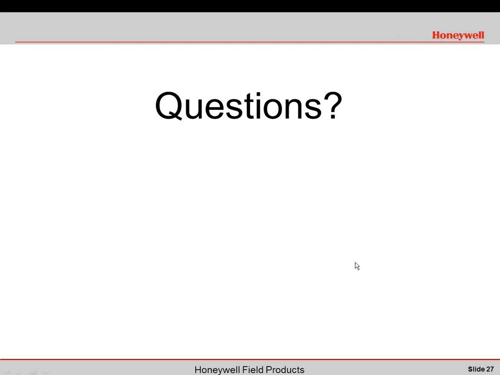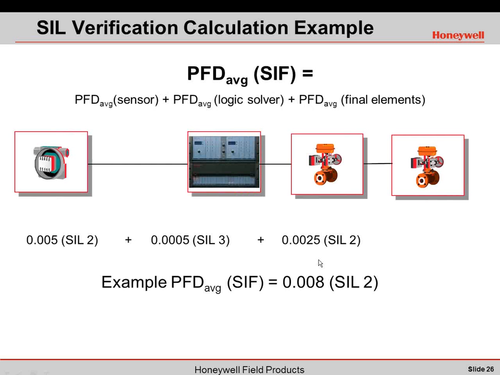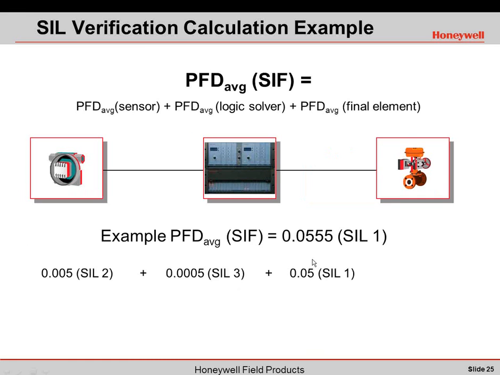The next question is, how did you come up with 18 in the one example? If I go back to that for a minute, if we look at the probability of failure overall on the first one, our single system here, we come up with 0.0555.